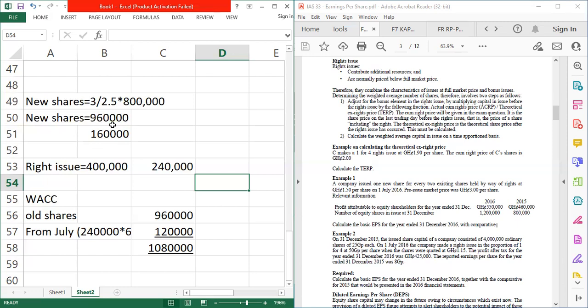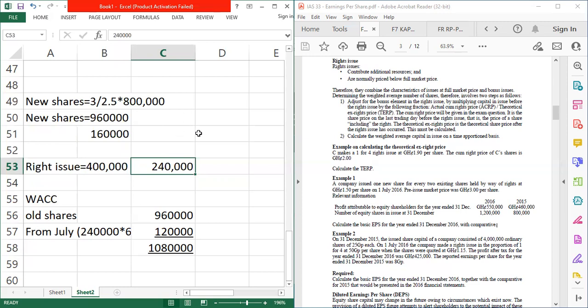It means that there was a bonus issue of 160. We don't time apportion bonus issue, so it will be as if it was from the beginning to the end. So if the shares that we should be getting from the right issue is 400,000 and 160 of it is bonus issue, it means that 240 was issued at full market value. And this is the 240 that we are going to time apportion.